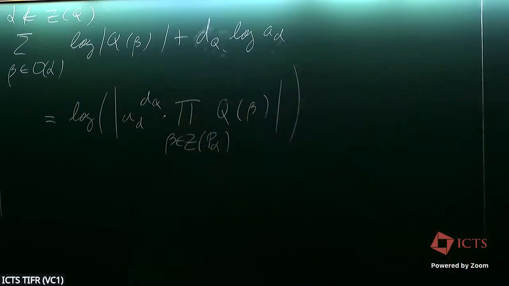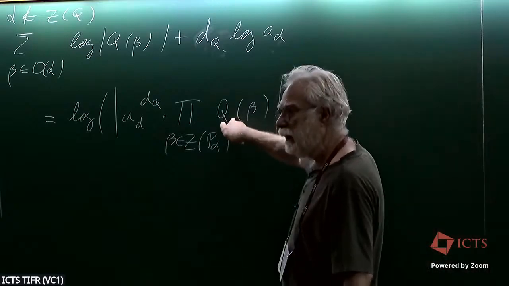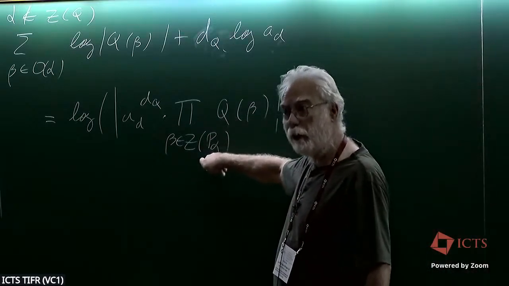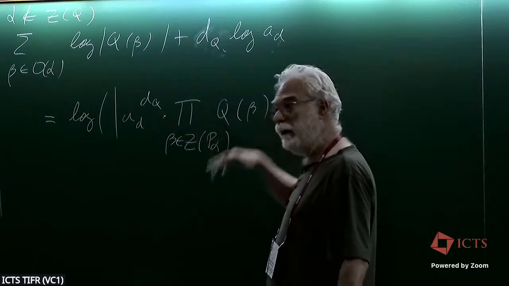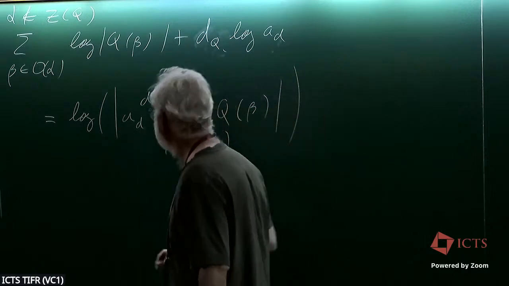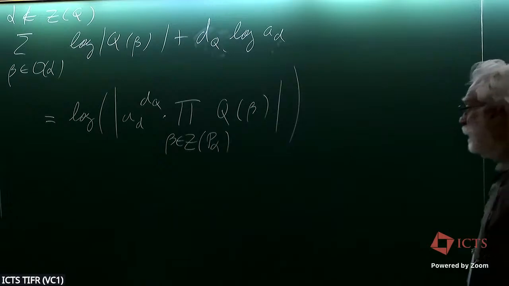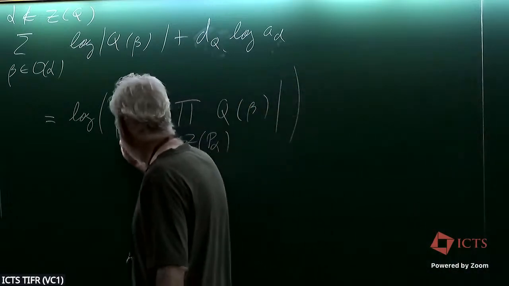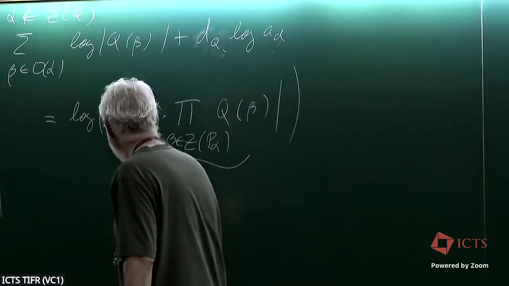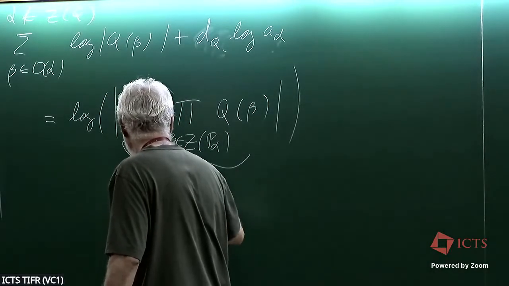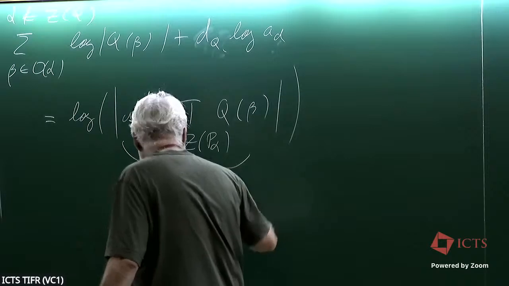Okay? Now I have one polynomial evaluated at the roots of another polynomial, and then I make the product of all of them, and then I just fix by the leading coefficient of this term. Well, this is a very well-known quantity. This is exactly the resultant of P alpha and Q.